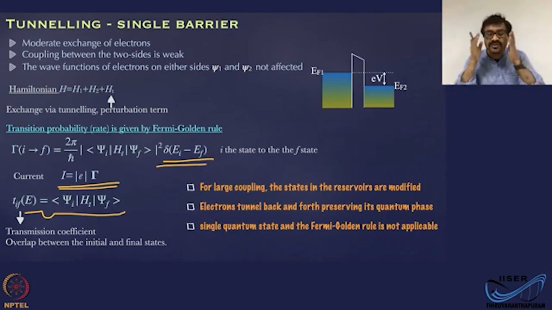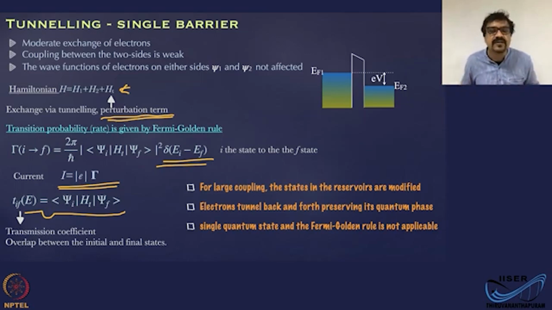And there is also a chance that they form a single quantum state. In that case, we cannot really consider this HT as a perturbation term, and this Fermi's golden rule is not applicable, or this formalism is not applicable. So the situation that we work in is that the tunneling is weak and the states are relatively unaffected.